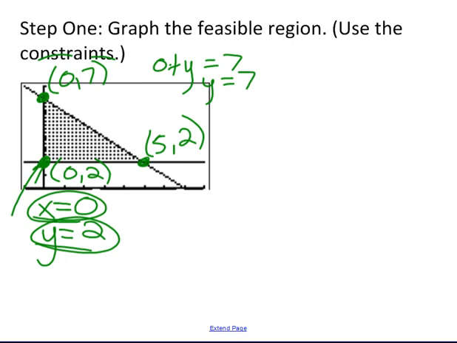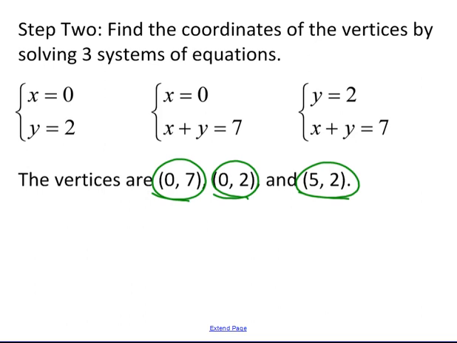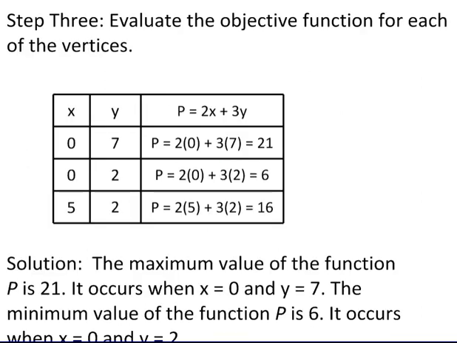And we're not done. See how long these problems are? Once we find our vertices, we're going to take our vertices and plug them into our objective function. They gave us the objective function at the beginning. Sometimes you have to actually come up with the objective function yourself, but in this problem it was given to us. So I have an x value of 0, I have a y value of 7.